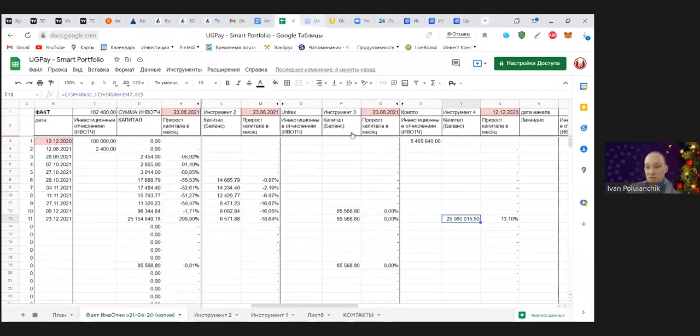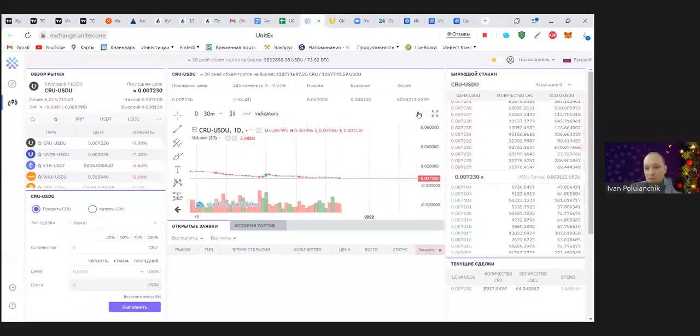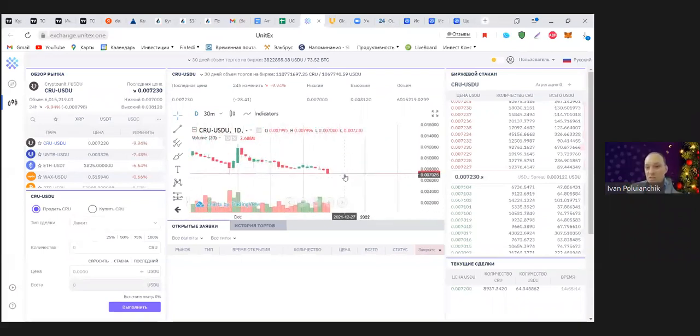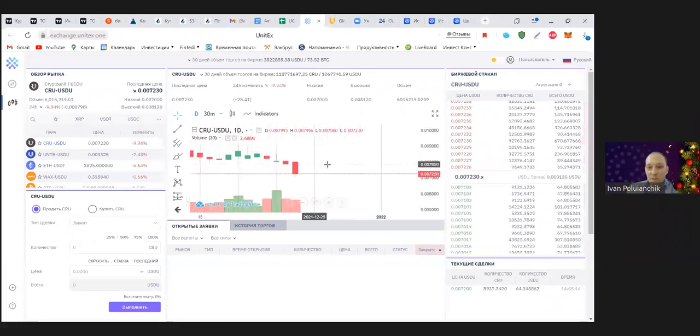And at the same time, our token, many people are simply dumping those tokens because they don't realize what they have. They want quick money, they don't understand, and so on. And currently the price of the token went below 1 cent, 0.7 cent.